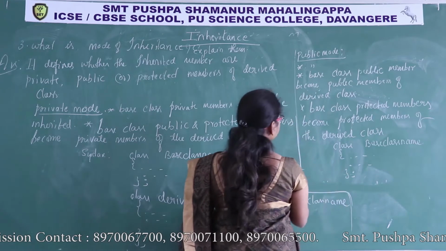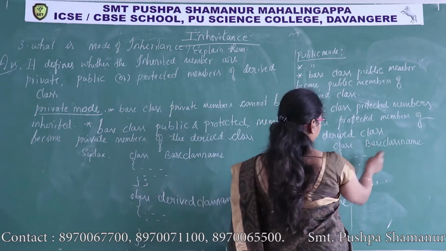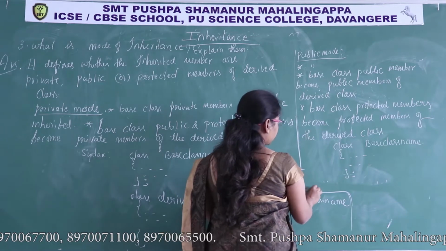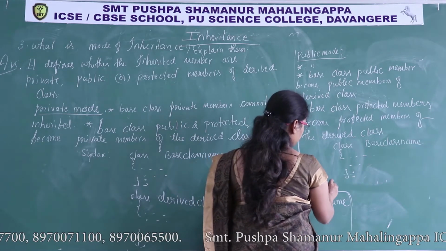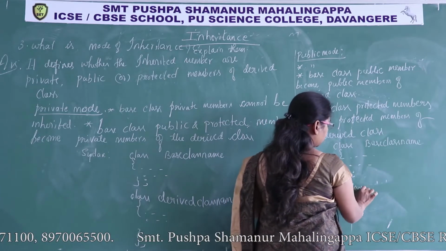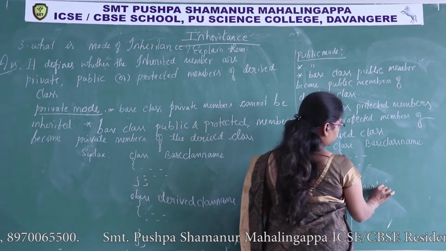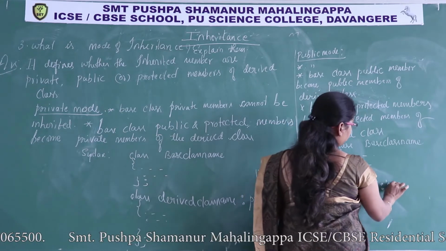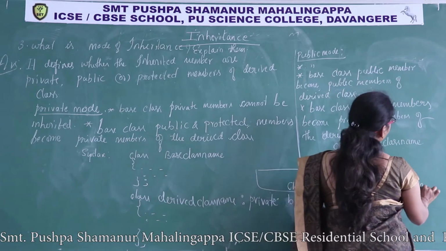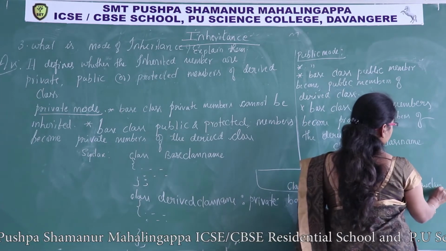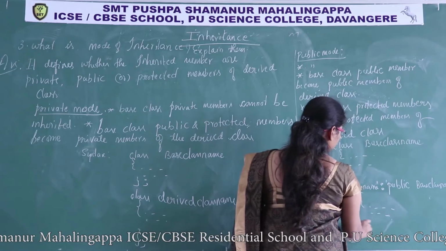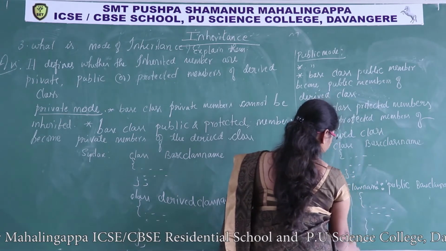I'll write from here: class base class name, body of the class, now derived class, derived class name, colon, mode of inheritance is public, space, base class name, open flower bracket, body of the class, close flower bracket, semicolon.